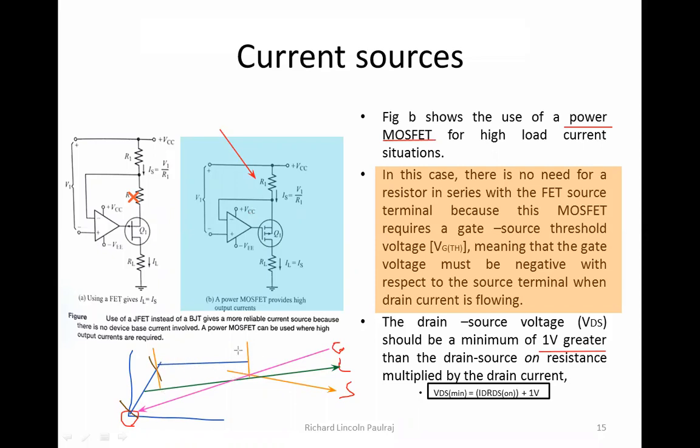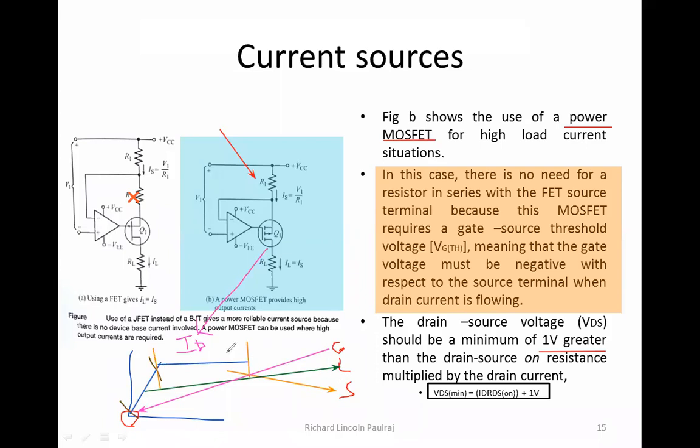The point from which the current starts becoming constant is called saturation. This current refers to the drain current, which is nothing but ID, the current which appears across the drain terminal of the transistor. So at this point it will start becoming constant, and it is called saturation mode.